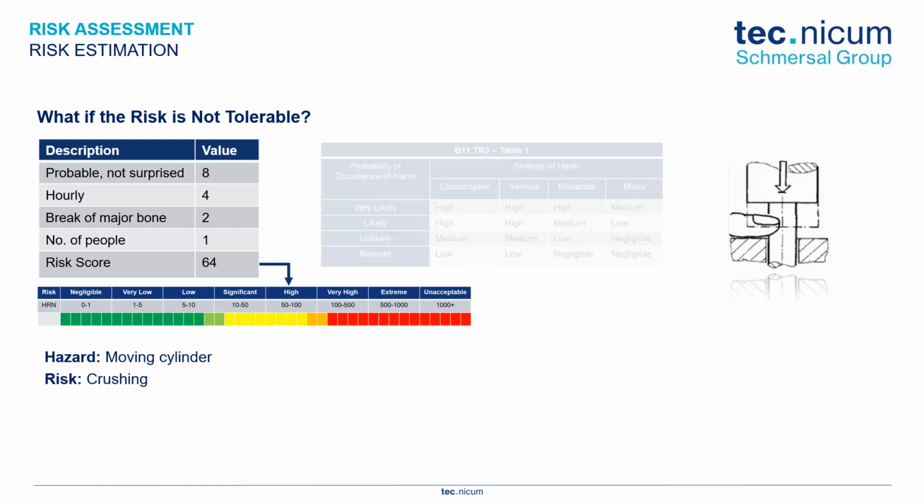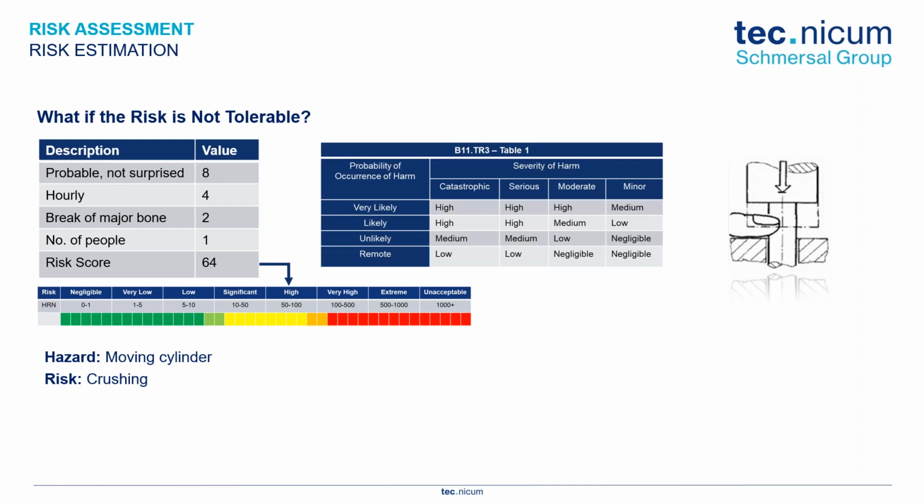If we look at TR3, we look at this fracture hazard, and maybe that's going to be a serious hazard. That's definitely not minor. We wouldn't call it catastrophic. We'll call it serious, and maybe we have a likely chance of being exposed to it.